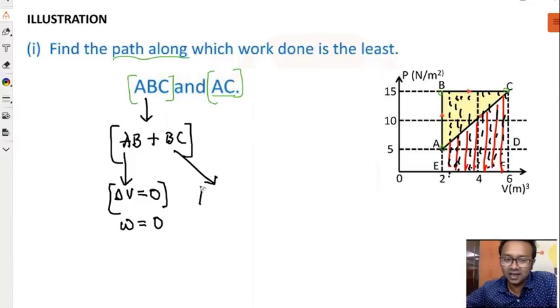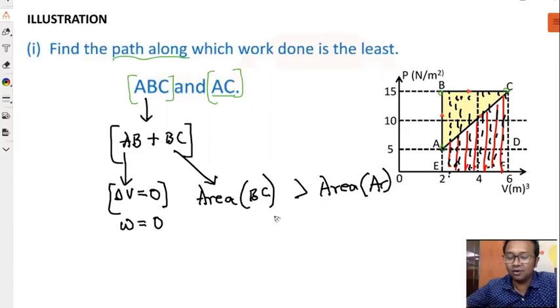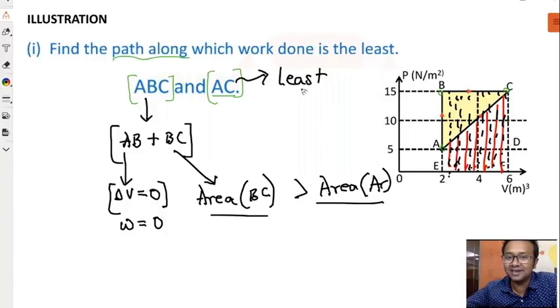If you see, the area under BC is greater than the area under AC. Okay, students, so it is very clear that the work done in this process is going to be the least. So this is a clear-cut application of work done is equal to area under the curve, guys.